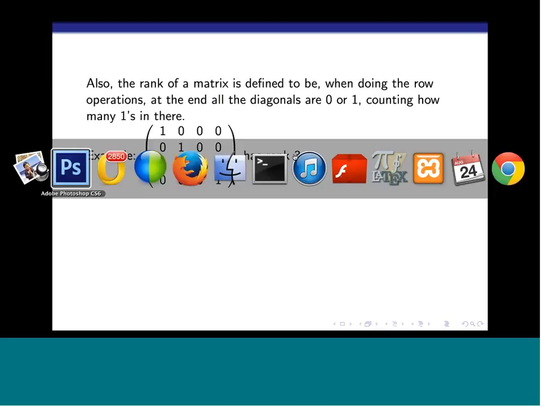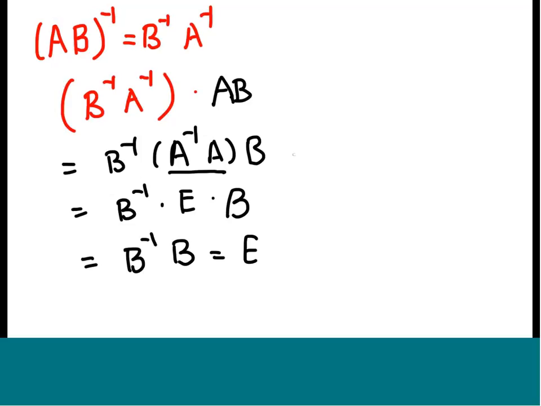We can produce something. For example, let's see.